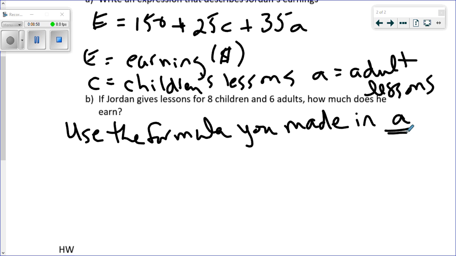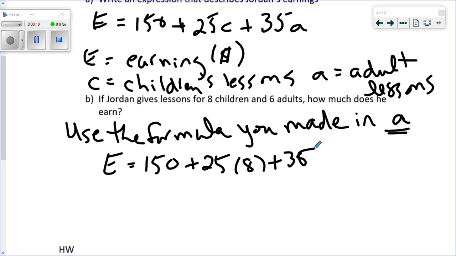Because again, the formulas get more complex, but the better you get with formulas, the more it allows you to do. And eventually you get to the point where you can't do it in your head anymore. And the nice part about my letters, C is for children. A is for adults.